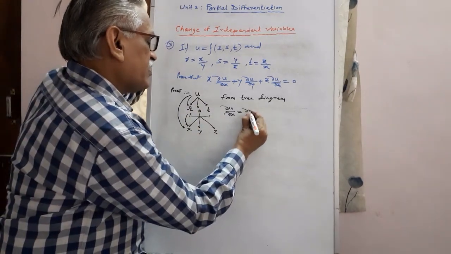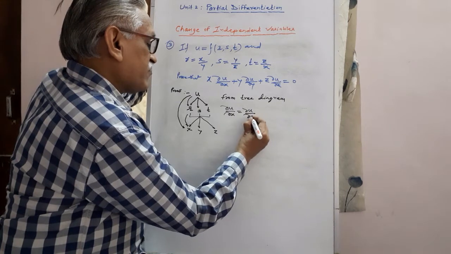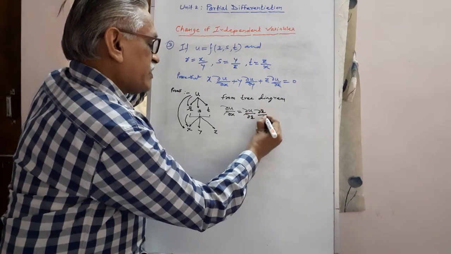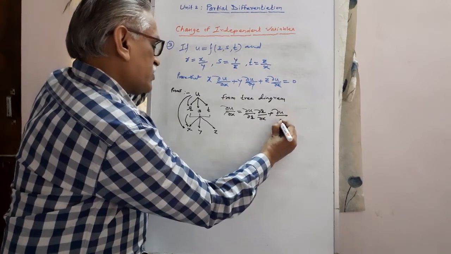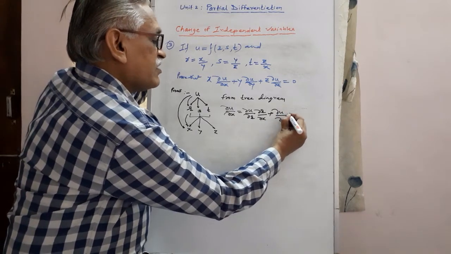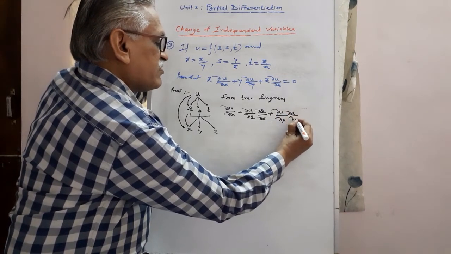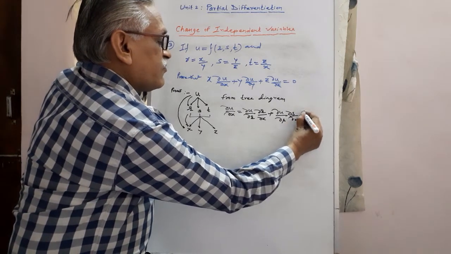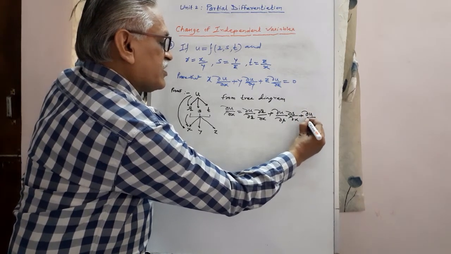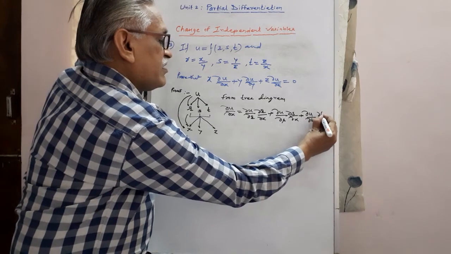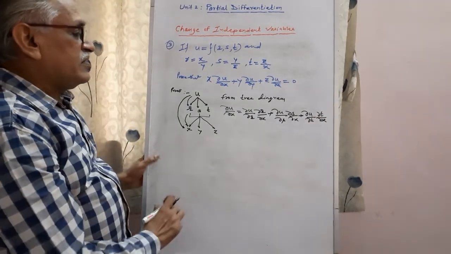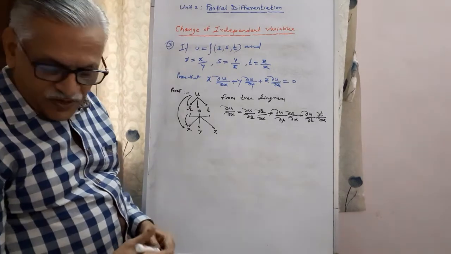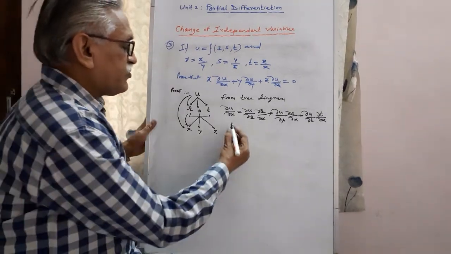Therefore, differentiating u with respect to r, r with respect to x, then differentiating u with respect to the second variable s, s with respect to x, then differentiating u with respect to the third variable t, and t with respect to x. Okay, this is the formula, and then getting the values.